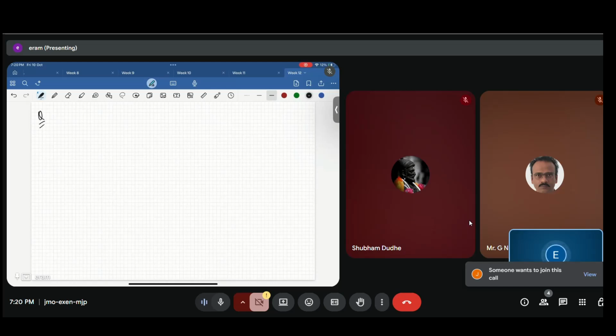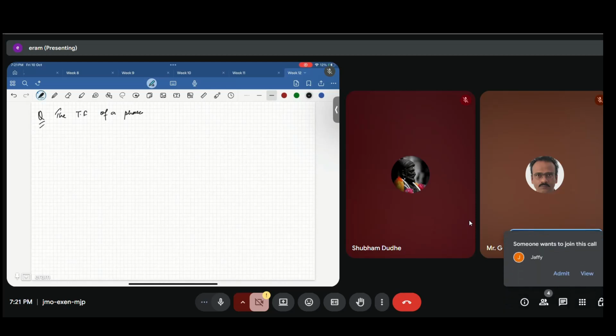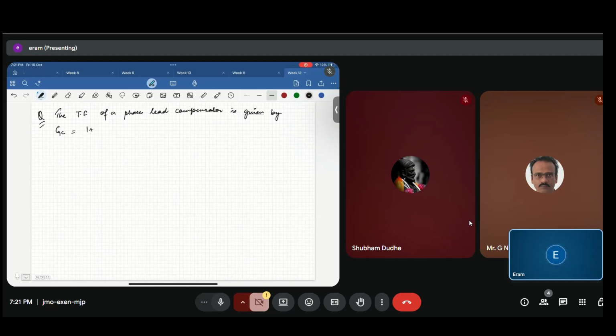So this is the last question of today's session. The transfer function of a phase lead compensator is given by GC equals (1 plus 3TS) divided by (1 plus TS), and T is greater than 0.